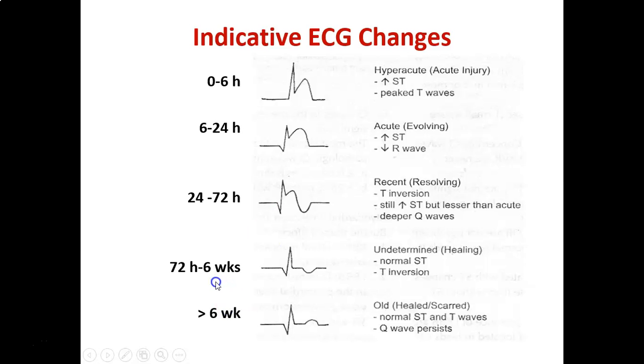From 72 hours till 6 weeks, this is called the healing phase, of undetermined length of time. Here the ST segment may become normal, no more ST segment elevation, but T wave inversion can be seen. And after 6 weeks, this is called old or healed or scarred infarction, and the ST segment and T waves become normal, but the Q wave persists for a longer period of time.